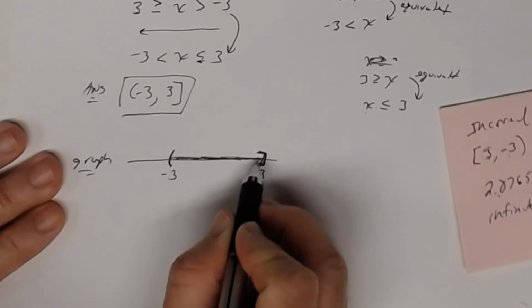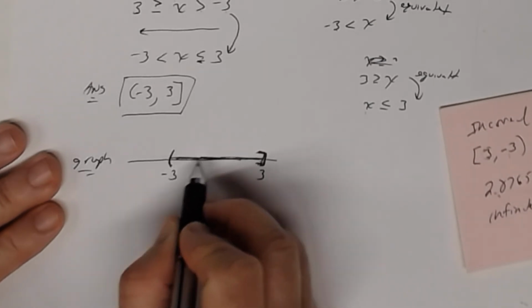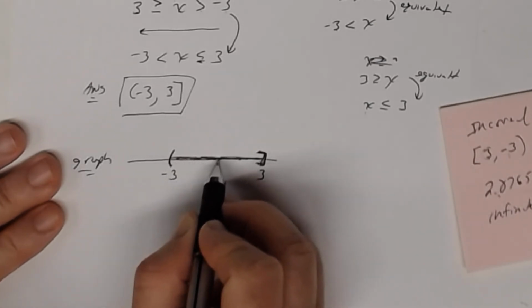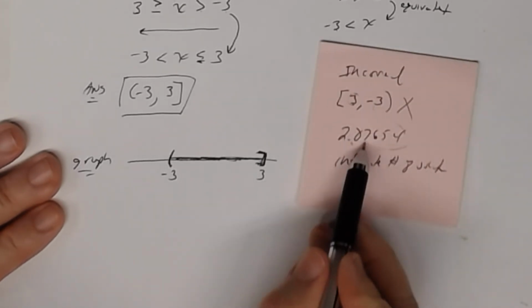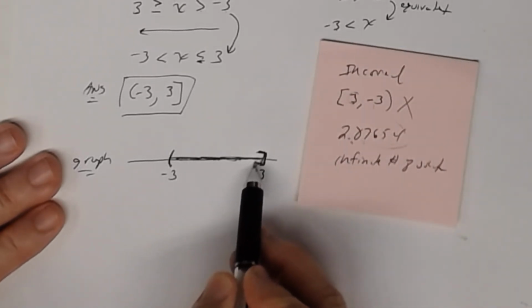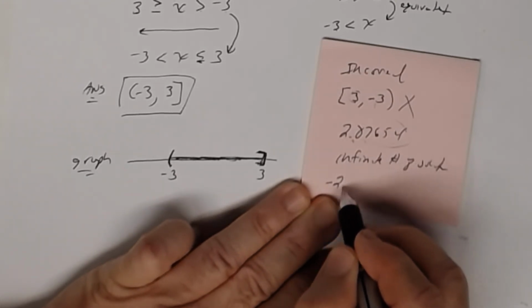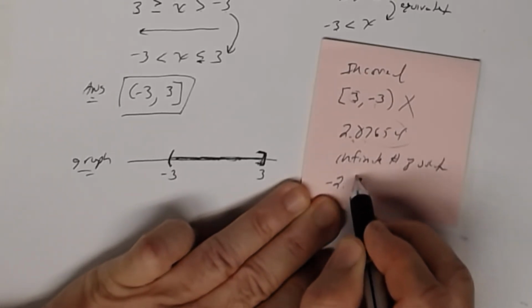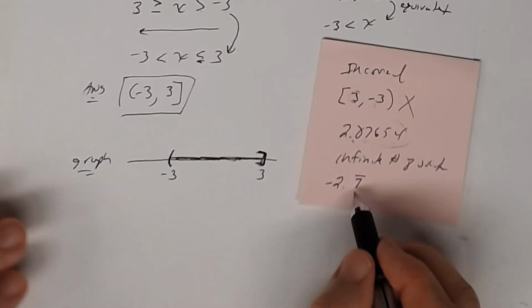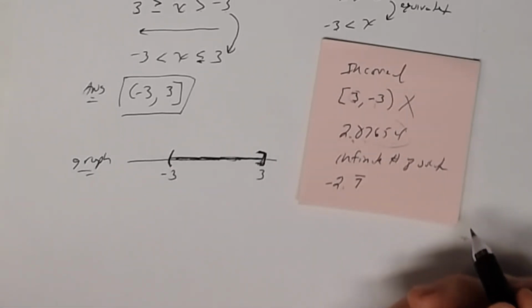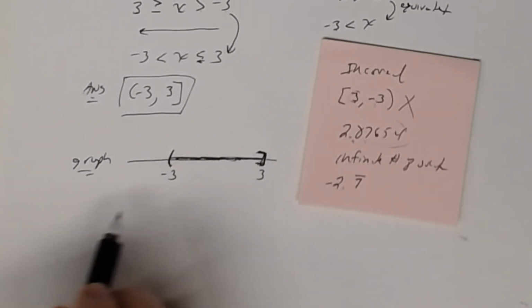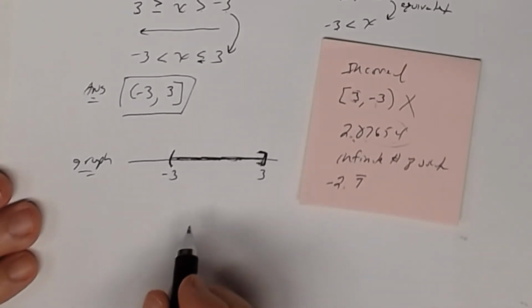So when you're shading in all those real numbers, you're indicating that there's an infinite number of solutions. You could have -2.7 repeating, right? So -2.77777 and so on. That's on this side. So there's an infinite number of solutions.